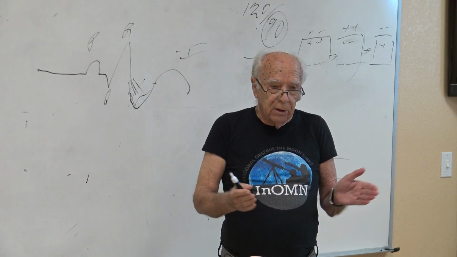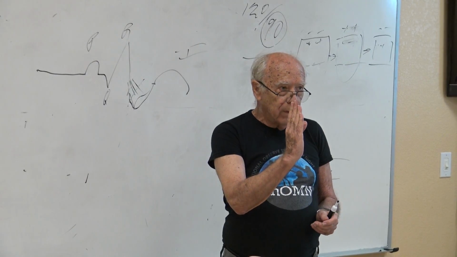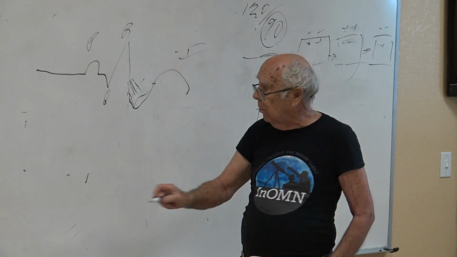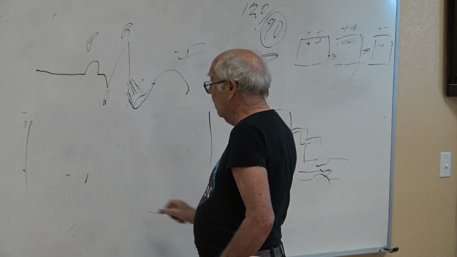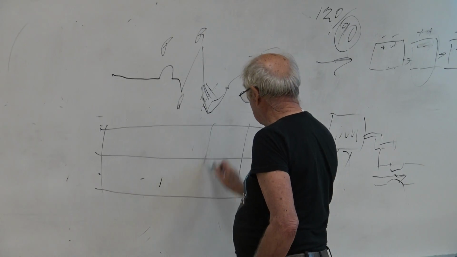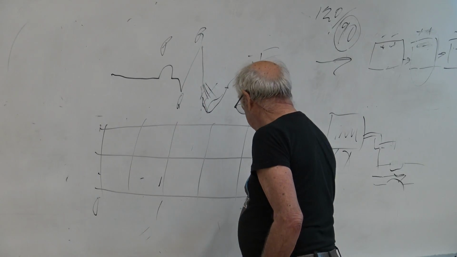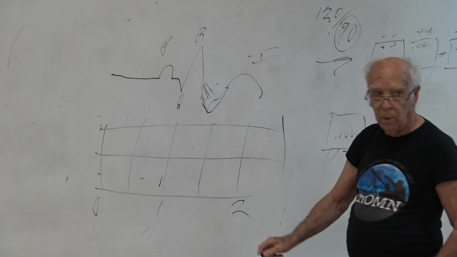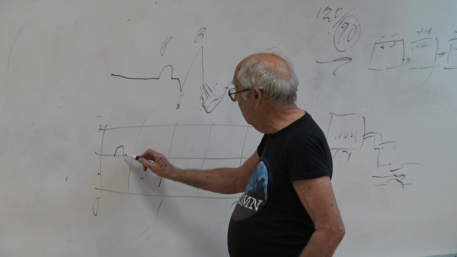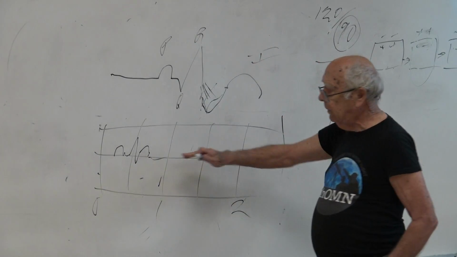So an oscilloscope is nothing but a multimeter, but instead of taking a spot pressure, voltage, 120 volts right now, you're going to take it over a period of time. 0 second, 1 second, 2 seconds, and so on. So now you're going to take it here, and you're going to have lots of these.